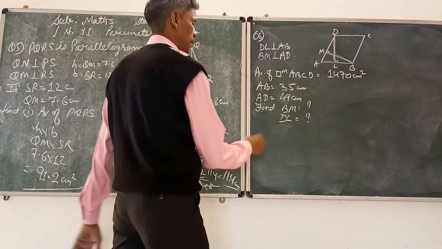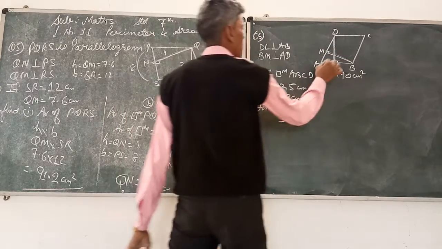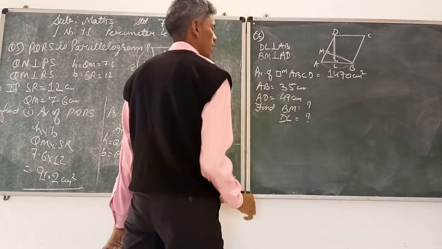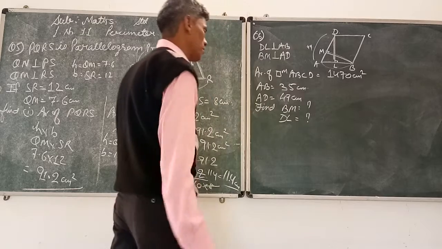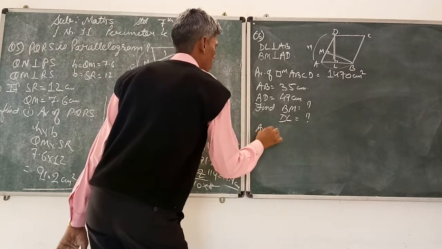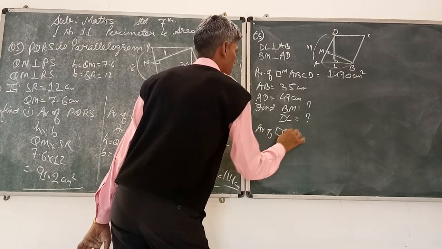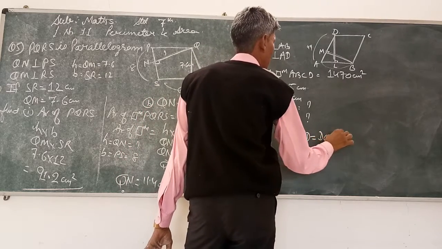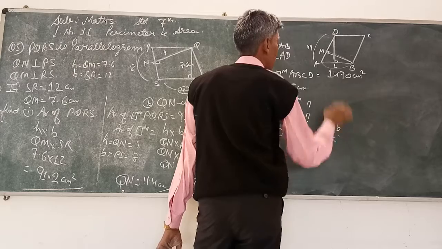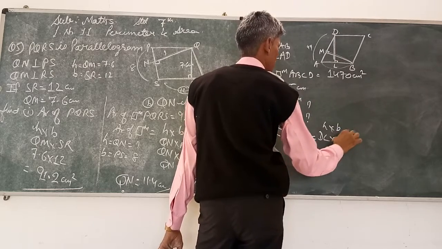What is given here? AB, that means this side is given. And AD, where is AD? This side is also given, 49. Here it is also given, that means 35. So area of parallelogram ABCD is DL into AB, that means H into B. So H is DL and B is AB.